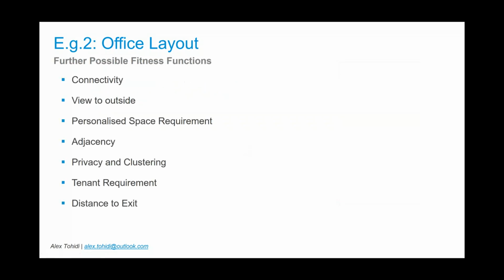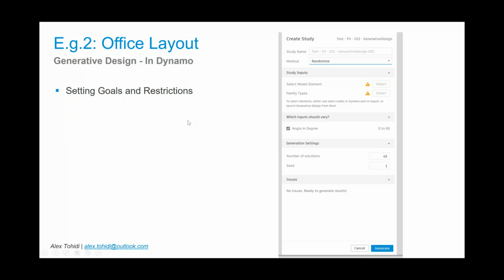And as I said, this solution doesn't consider connectivity, view to outside, personal space requirement, adjacency of one desk to another, privacy for the desk, clustering, tenant requirement if there is one, or distance to exit. So these parameters are not currently considered in this study that we are running, but they can be built.